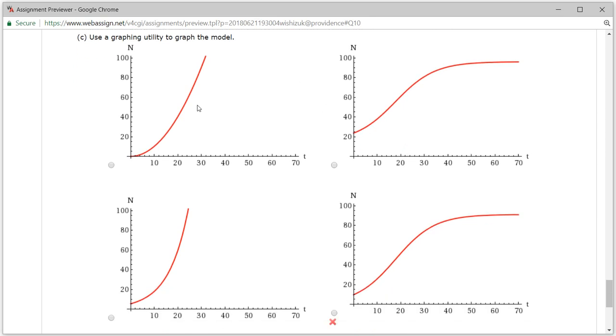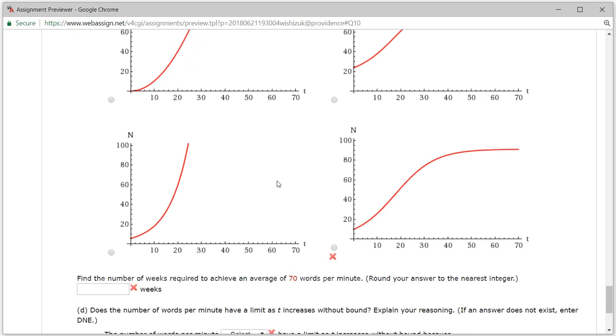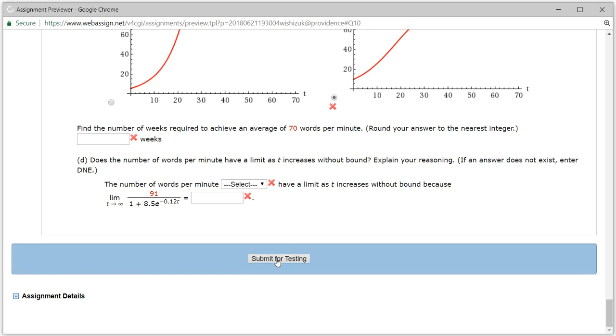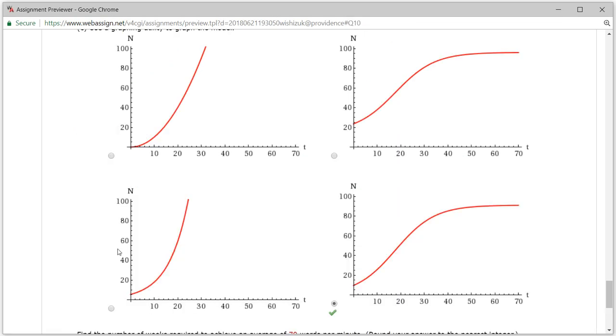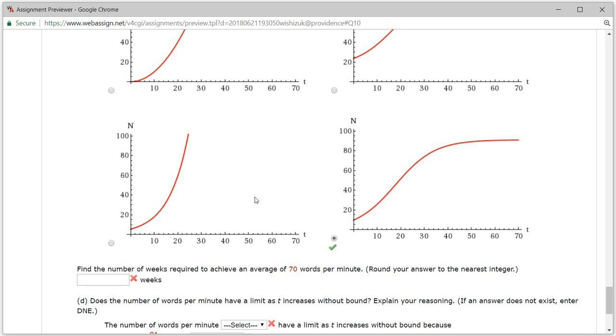So this is too small, and this is too big. And actually, this is too small. So this is probably the right one. Let's check the answer. Submit for testing. It came back. Looks like we got the correct graph there.